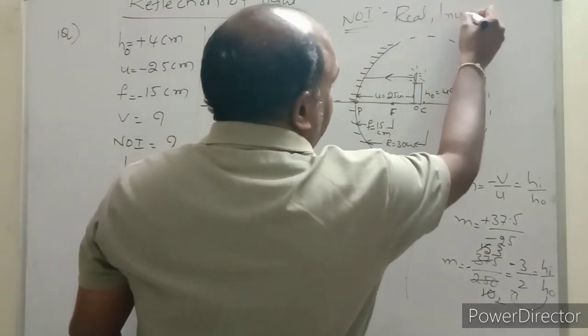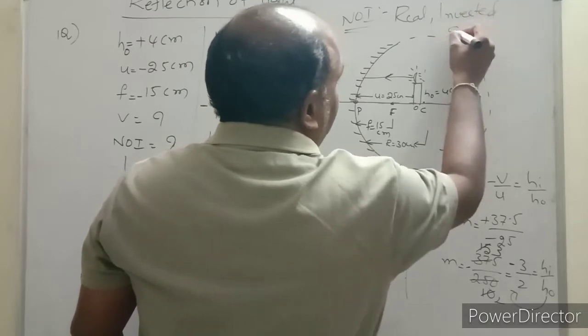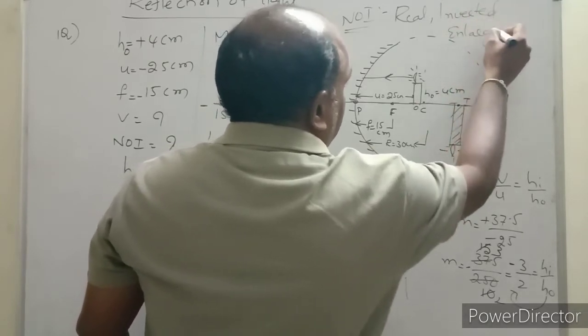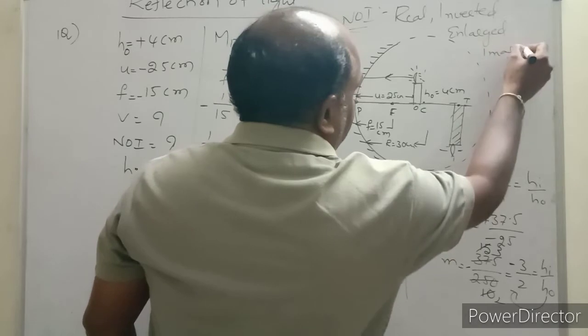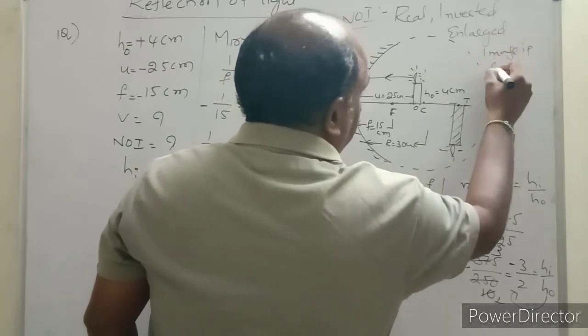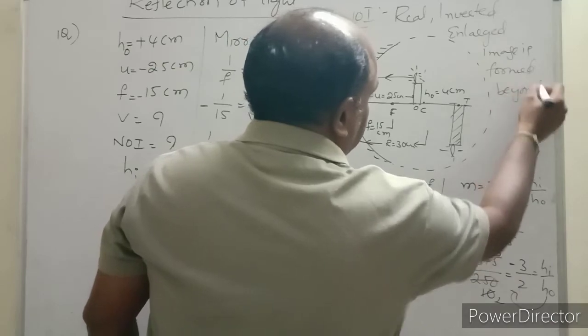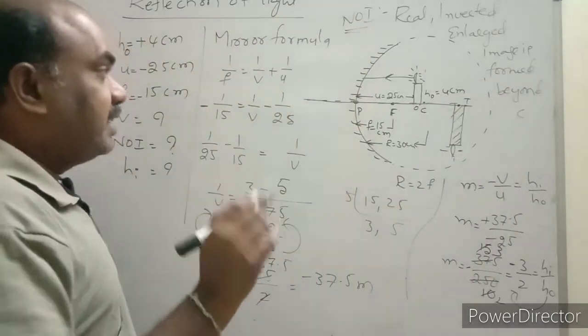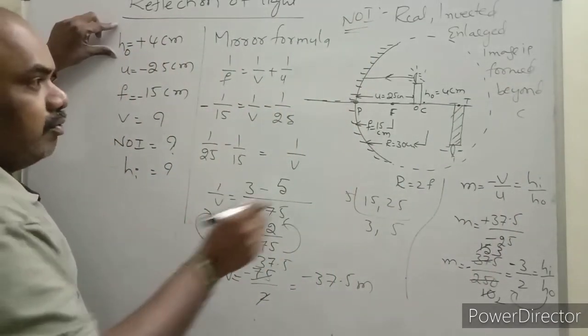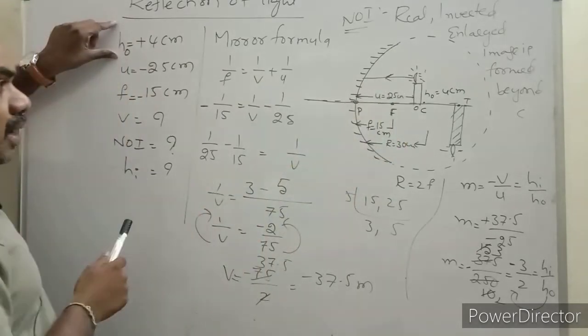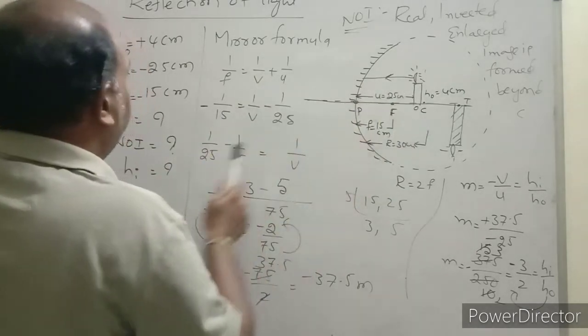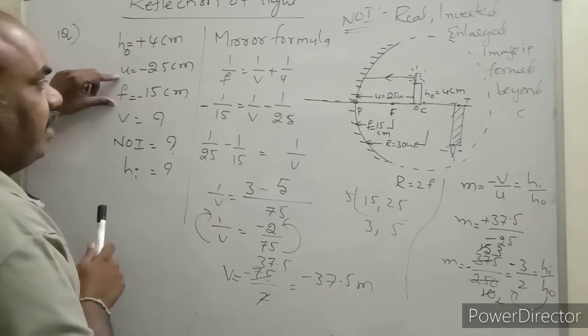A real, inverted and enlarged image is formed beyond C. Understand, children? Once again: object height is given as 4 centimeter, candle height 4 centimeter, object distance is also given as 25 centimeter, focal length is given as 15.